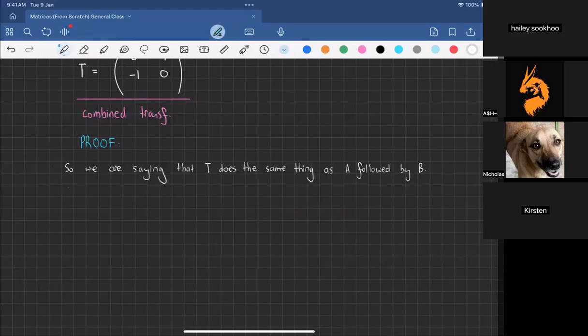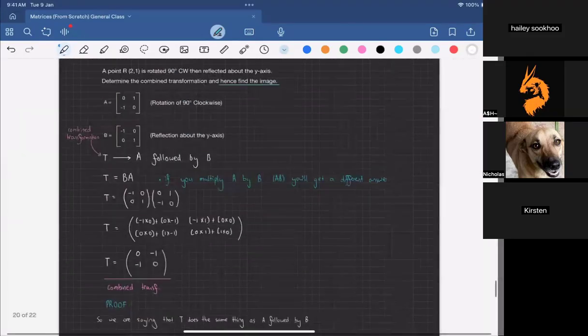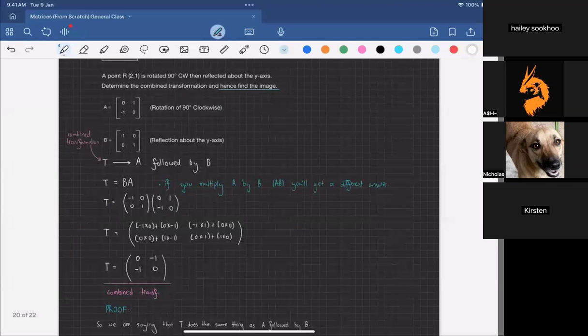Which matrix is 90 degrees clockwise? It's A, right? So you're going to take that and multiply by R. So we're going to say AR. That's the first statement we should have. You didn't put the statement, but you were getting the multiplication correct.